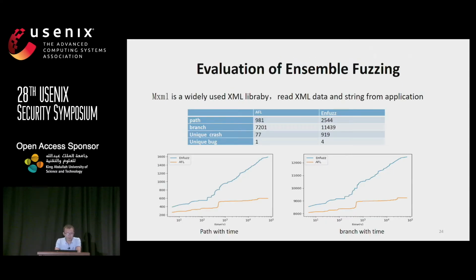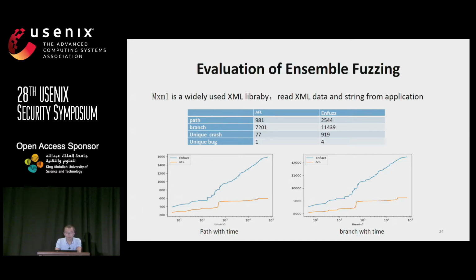From this picture, we can see an overview of the Ensemble Fuzzing performance. MXML is a widely used XML library, reading XML data and streams from the application. We can see the number of paths, branches, unique crashes and unique bugs. From this picture and the statistics, we can also find that maybe unique crash is not a good identification of fuzzing.